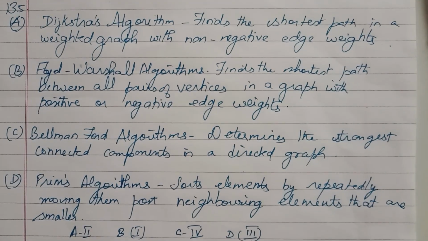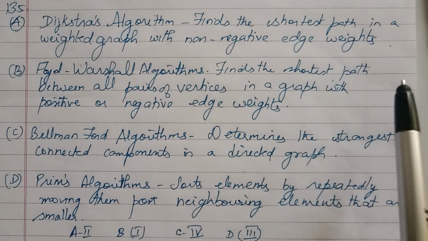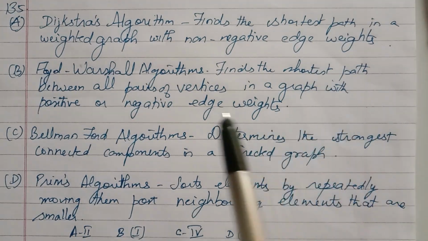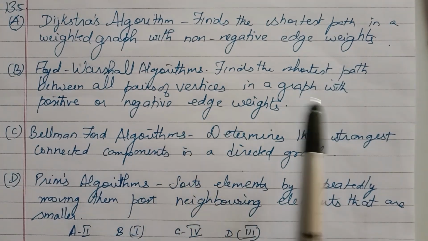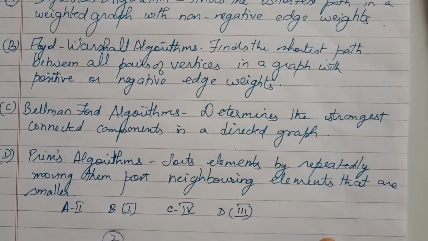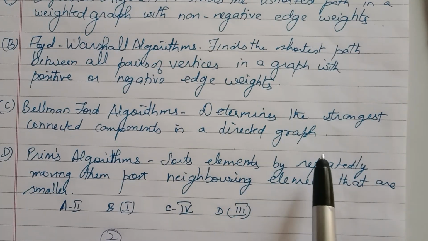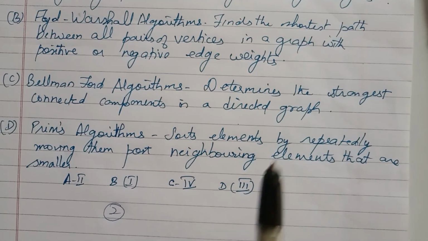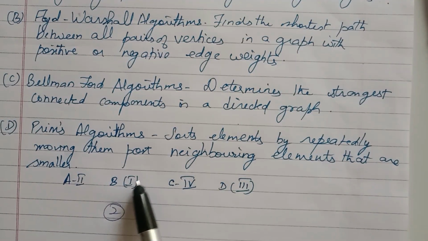So Dijkstra's algorithm will find the shortest path in a weighted graph with non-negative edge weights. And Floyd-Warshall algorithm will find the shortest path between all pairs of vertices in a graph with positive and negative edge weights. Bellman-Ford algorithm will determine the strongly connected components in a directed graph. And Prim's algorithm will sort the elements by repeatedly moving them past the neighboring elements that are smaller.